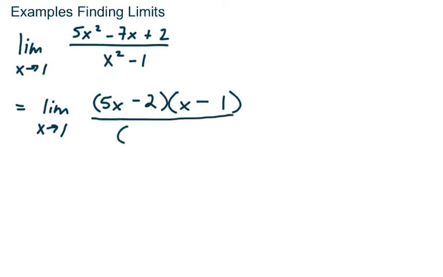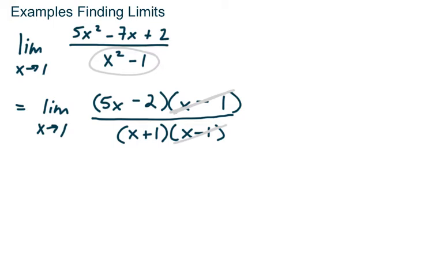And then in the denominator, we have x plus 1, x minus 1, because the denominator easily factors as a difference of squares. Now, one thing I would notice, especially since that denominator was so easily factorable, because I know I want something to reduce and cancel out, I get that x minus 1 in the denominator. I'm expecting an x minus 1 in the numerator.